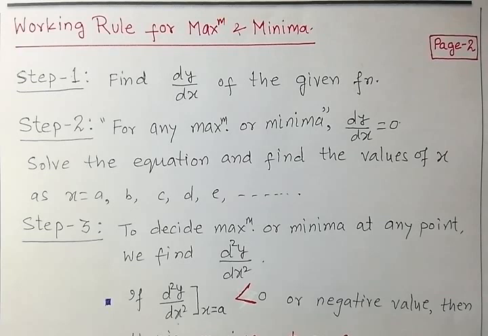If the value comes greater than 0, or positive, then there is minima at b. Suppose it is equal to 0, which rarely happens, then it is an intermediate point. There is neither maxima nor minima.